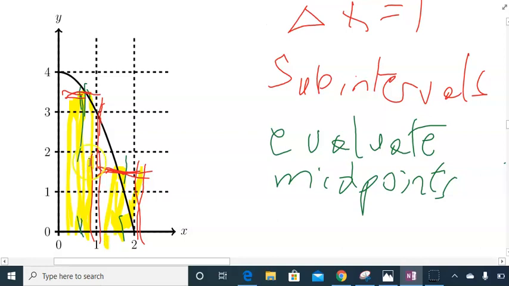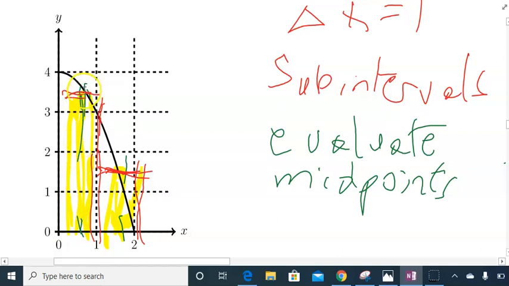However, we are now using midpoints, so we have to find the midpoint between 0 and 1, that is 0.5, and take the height of your rectangle where x equals 0.5 meets the curve, right?